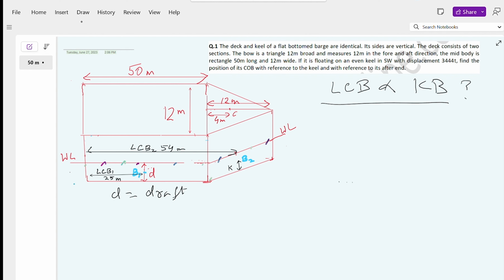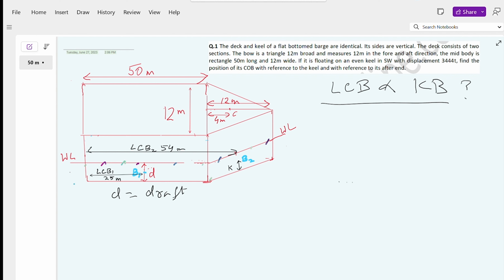I have marked that as B1, and the underwater volume below the triangular section I have marked B2. Draft D will be the same forward and aft everywhere because it's given in the question that it is floating on even keel. So let's approach this question.